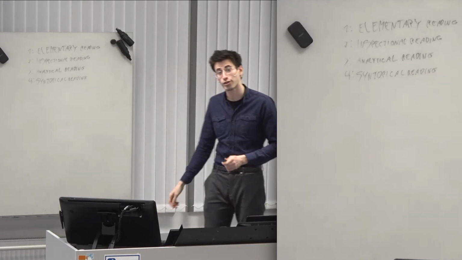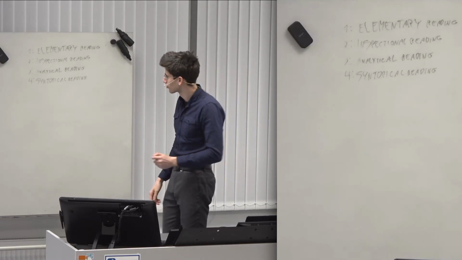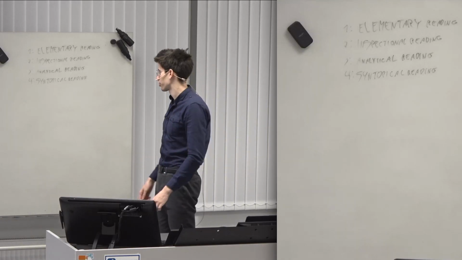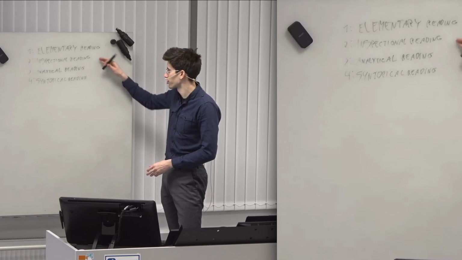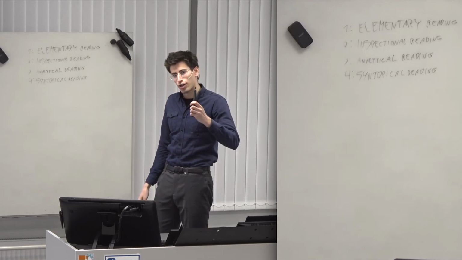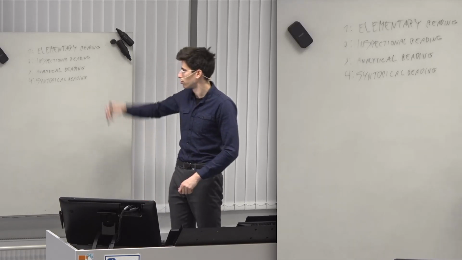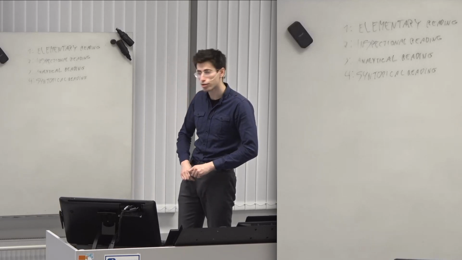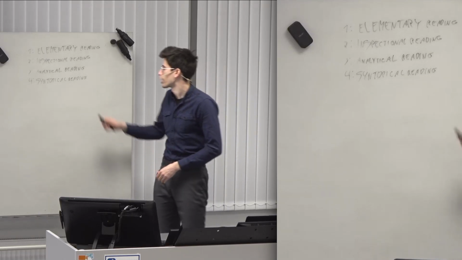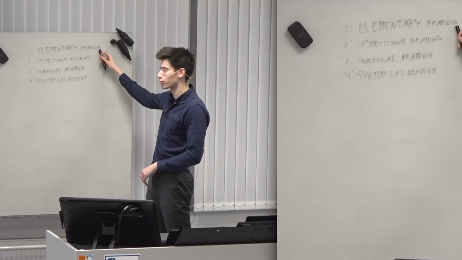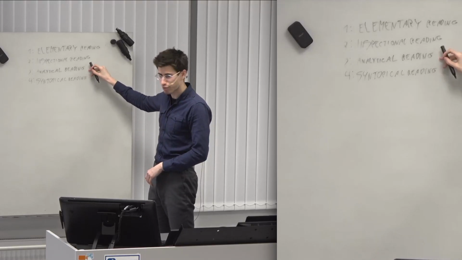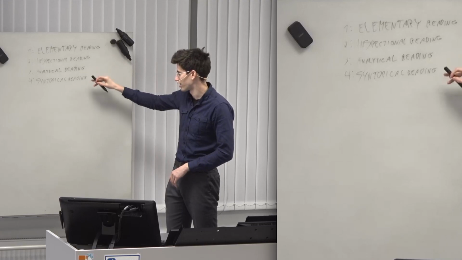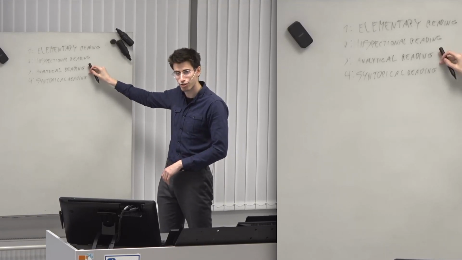Syntopical reading is the final dimension of reading. And as you can understand from the 4 levels of reading, you naturally have to go through all of them because they build on top of each other. Inspectional reading builds on top of elementary reading, analytical reading builds on top of inspectional reading, and syntopical reading builds on top of analytical reading.